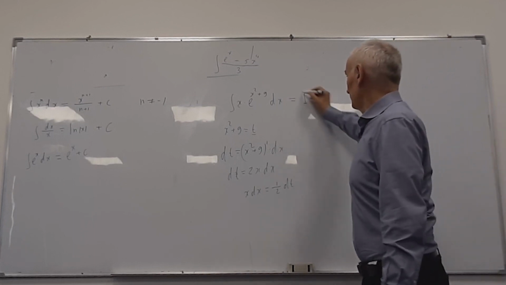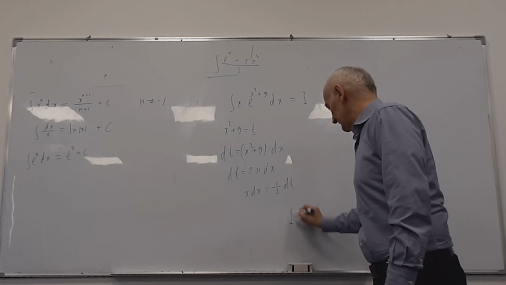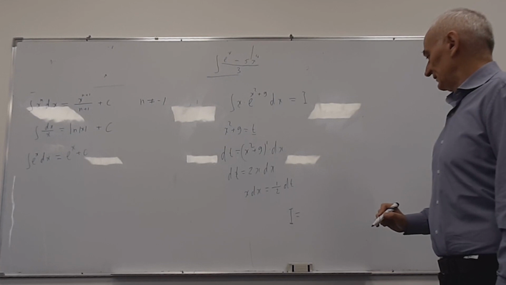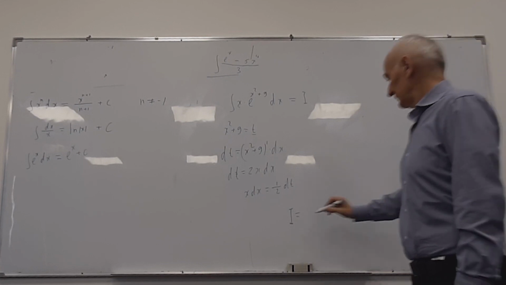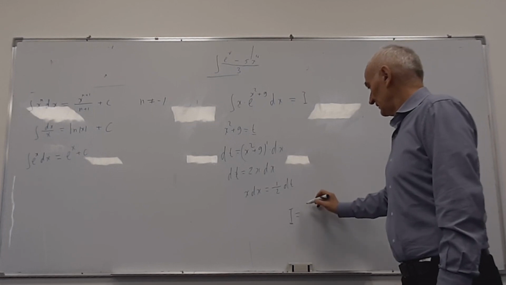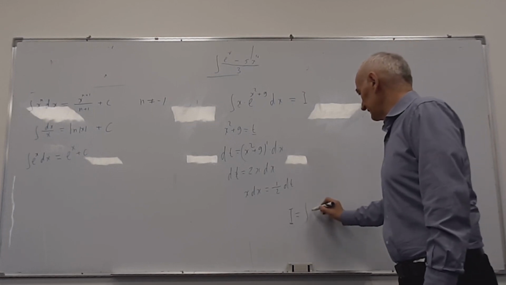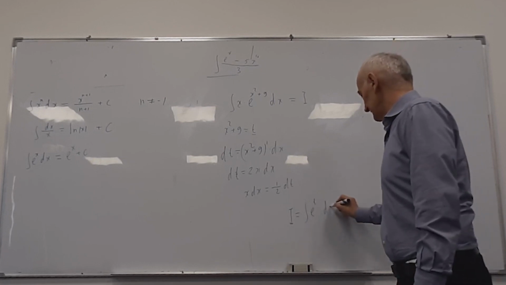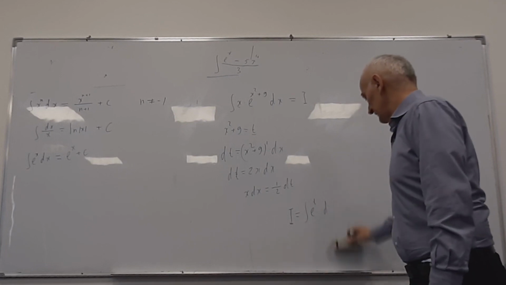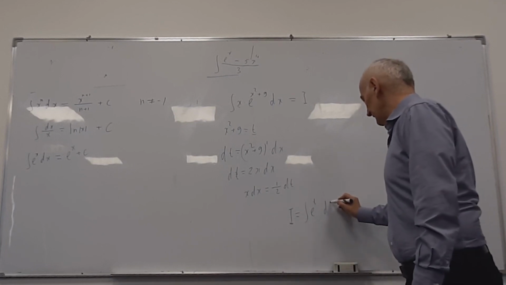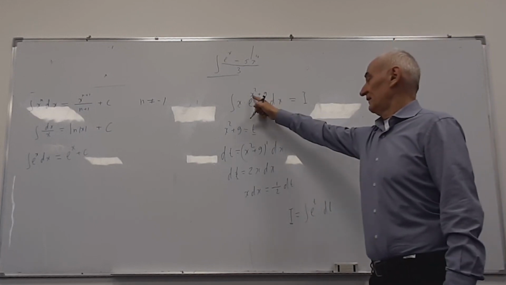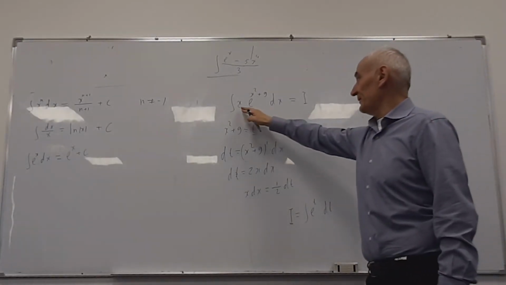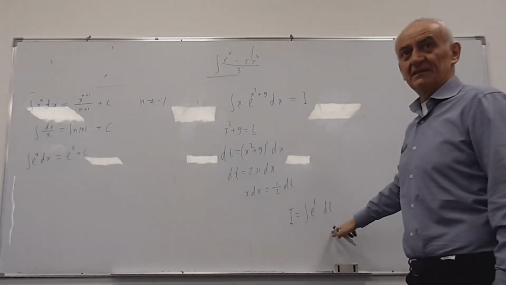So I will denote it by I, and I equals the integral of e to the power t dt. Why e to the power t dt? Because I replaced x squared plus 9 by t, and also I replaced x dx by dt.